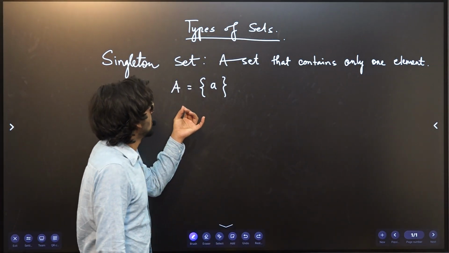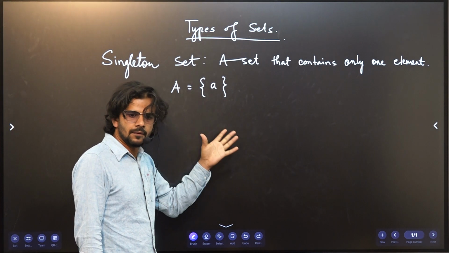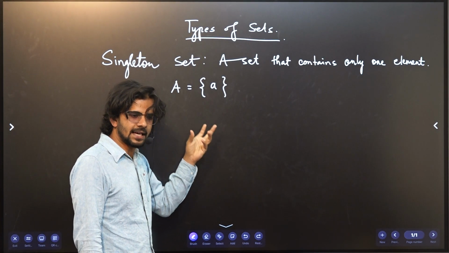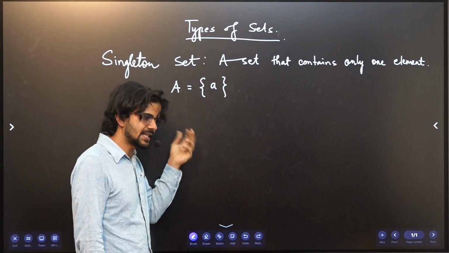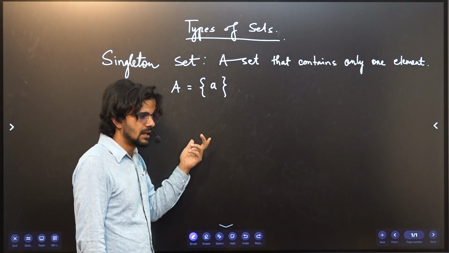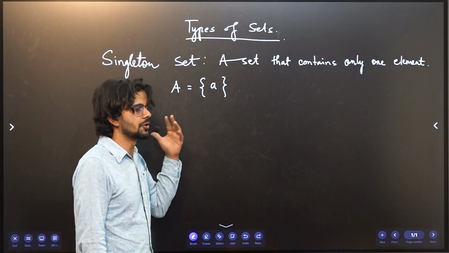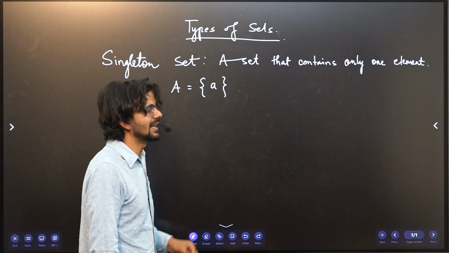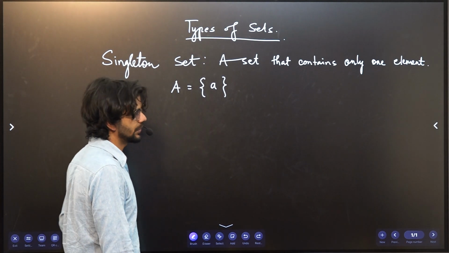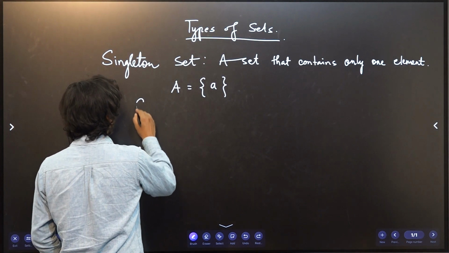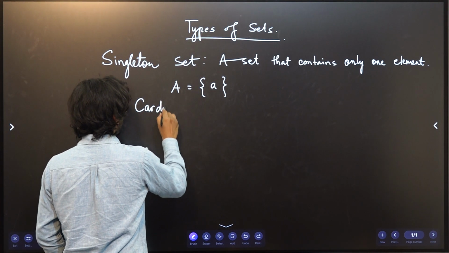So in order to count the number of elements, कतिवटा elements हरु छन् in a set मा, we introduce a concept called as cardinality of set. What do we do? Cardinality of set.